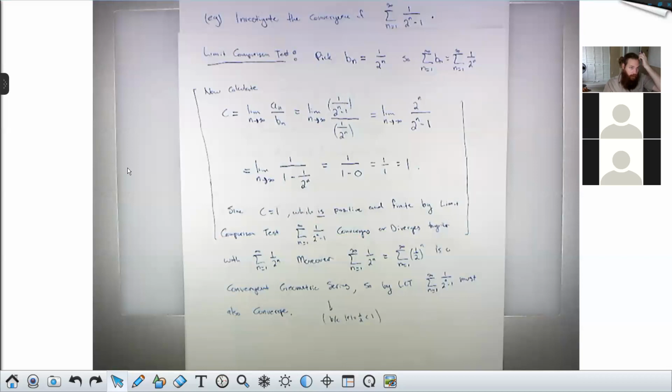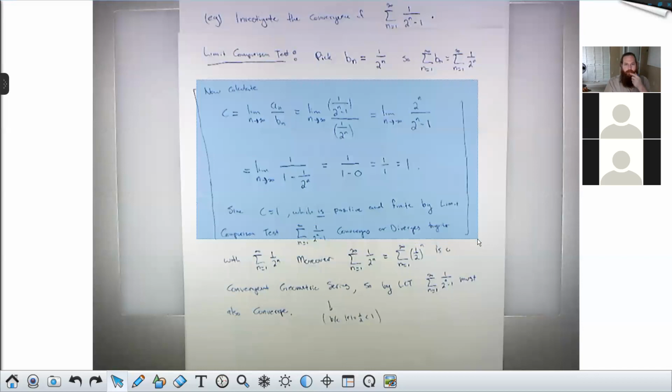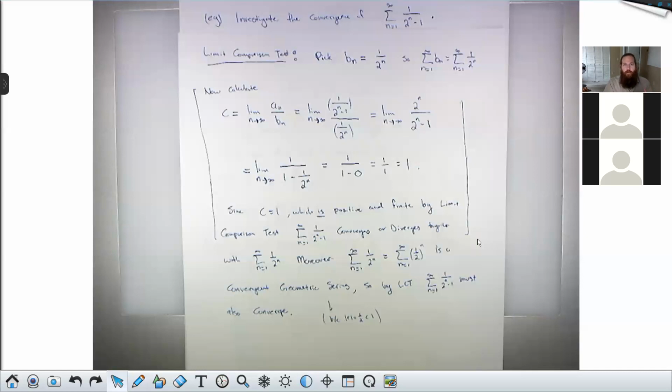Dalton also asked a very good question in chat, and that is, do you have to know beforehand what sigma Bn does? Not necessarily. You can go through this work to show that sigma An and sigma Bn do the same thing, and then step to the side and work with sigma Bn. Oftentimes, that's what we do. Now, we have a good collection of series about which we know everything: geometric series and p-series. So those are your normal basis for comparison.